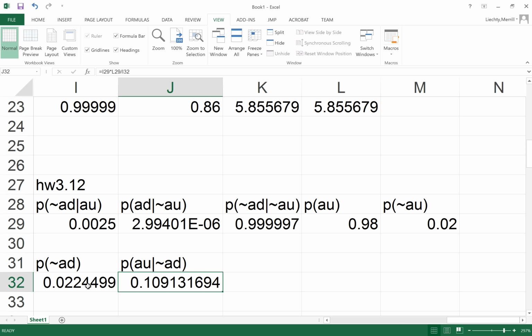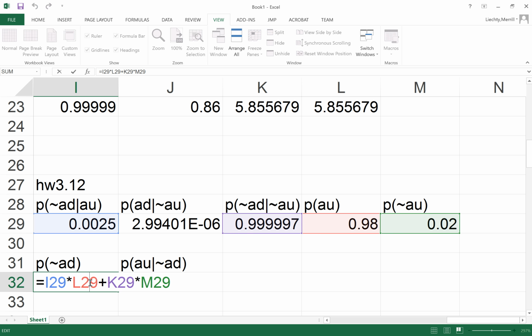Is it 10%? Given that you're not admitted. If that is unusually high, that means maybe I should check my math here. So I have that number. Yeah, that's right. Okay, so is this right? I think this is high, isn't it? So that number times 98% plus that number is 2%.